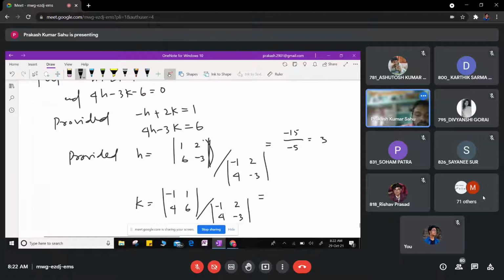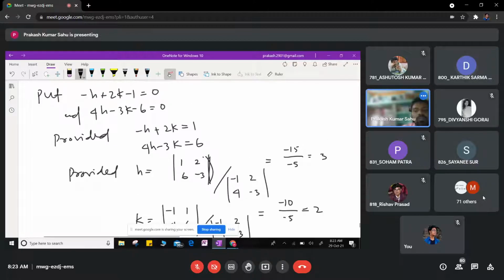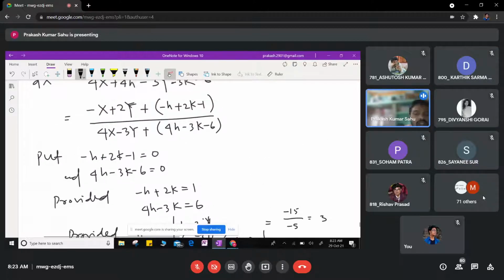So this is minus 6 minus 4, minus 10, divided by 3 minus 8, that is minus 5, which is equal to plus 2. Is it correct? Yes, sir. So h and k are 3 and 2.